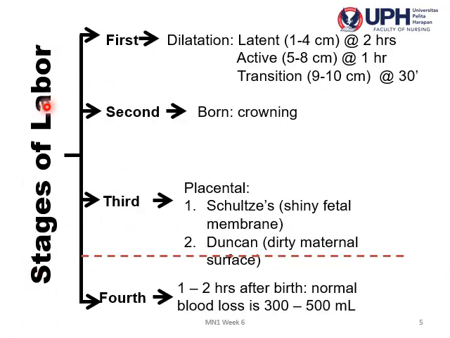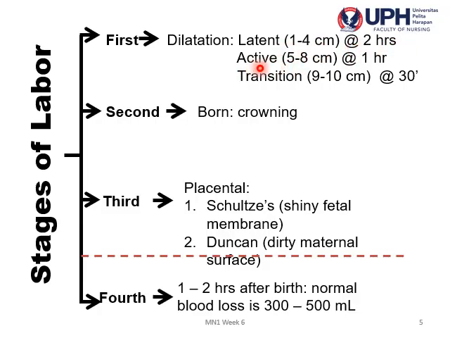Now we talk about the stages of labor. We understand that there are four stages of labor, or in Bahasa we know it as kala satu to kala empat. The first stage of labor consists of dilatation of the cervix from the latent phase, active phase, and then also transition. In the latent phase, it's the opening of the cervix from 1 to 4 centimeters, and this happens over about 2 hours.